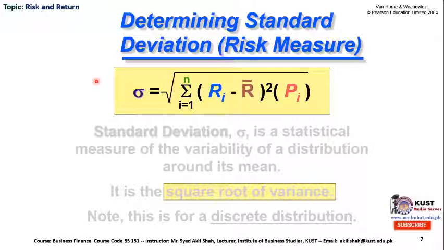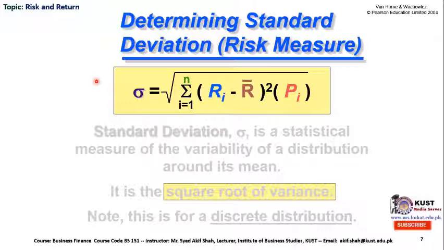Now here we will start with the calculation of the risk factor, as we have already calculated the expected return. So for discrete data, how do we calculate the standard deviation?